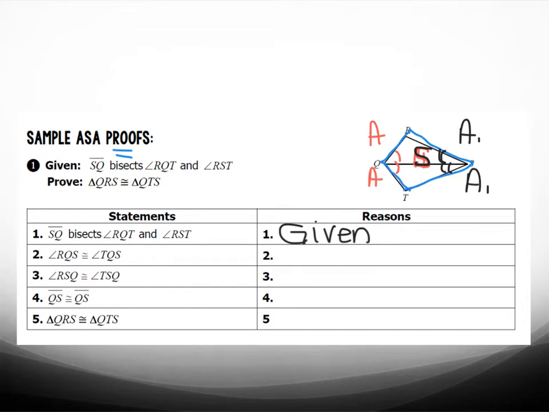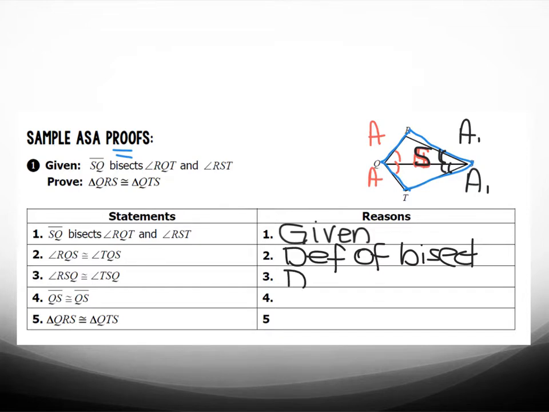The reason for number 1, you got it, it's given. When I look at RQS in my picture and TQS, it was not given, but we can conclude that by the definition of bisect. If something bisects, something is congruent, and therefore that's the definition.